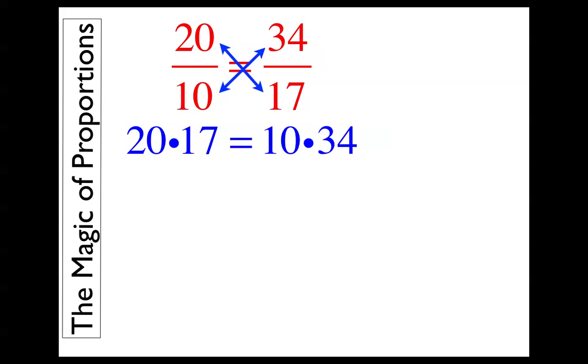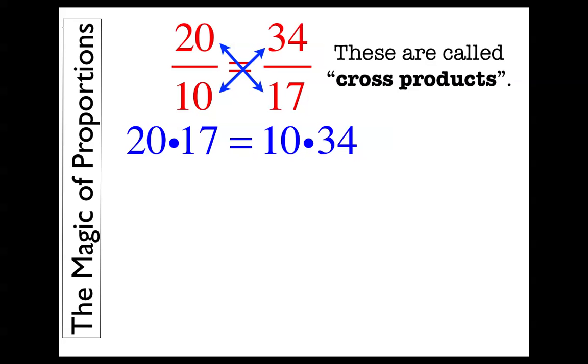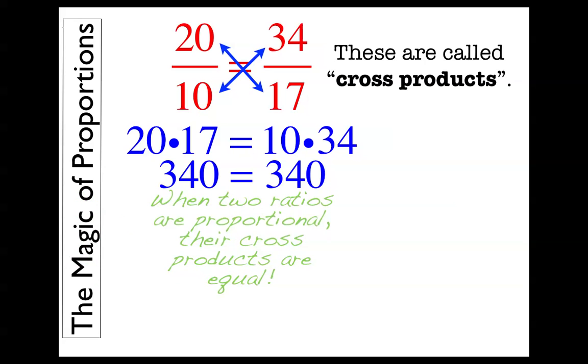So you did 20 times 17 and 10 times 34. If you get a calculator out real quick, you can do 20 times 17 and you can do 10 times 34. And these are called cross products because you're multiplying. They both happen to come out to the same thing. That's the magic of proportions. When 2 ratios are proportional, their cross products are always equal.